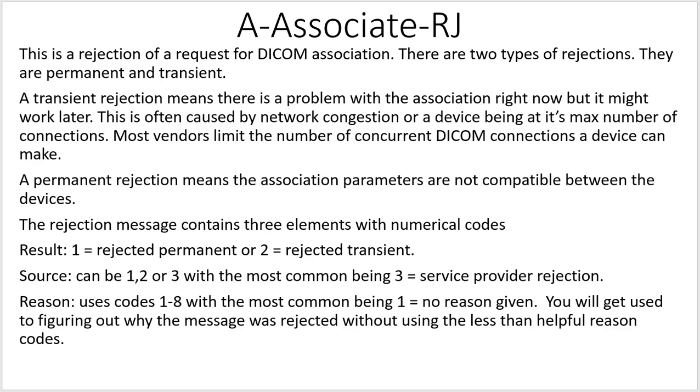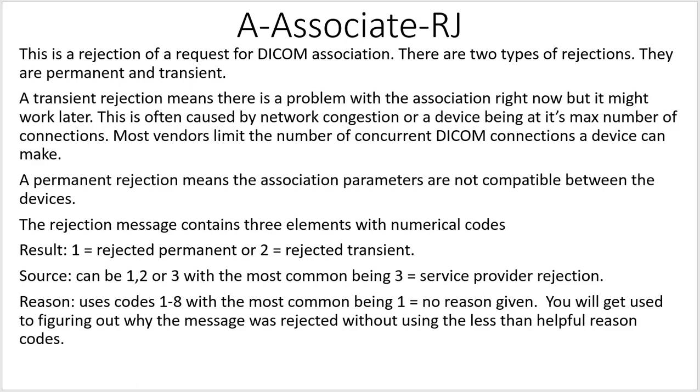So a tech finishes a study, and this happens on modalities that have big studies like CTs and MR, and they start sending the first study. Well, just because the machine is sending a study to the PACS doesn't mean that it can't be used for other things. That happens in the background. So they bring the next patient in, they scan the next patient. CTs happen really fast. They're just a few minutes on the table.